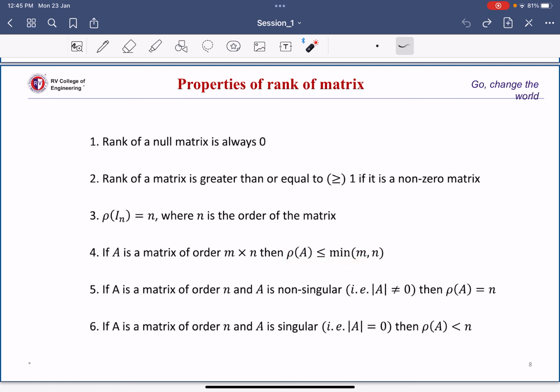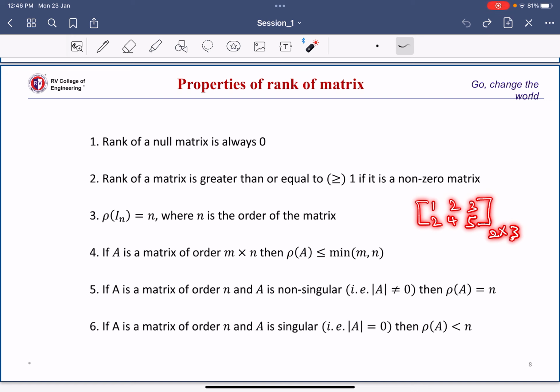So why is it less than or equal to minimum of m comma n? So if I consider a rectangular matrix, say 1, 2, 3, 2, 4, 5, with random elements, this is a matrix of order 2 cross 3. So why is the rank of the matrix less than or equal to minimum of m comma n?